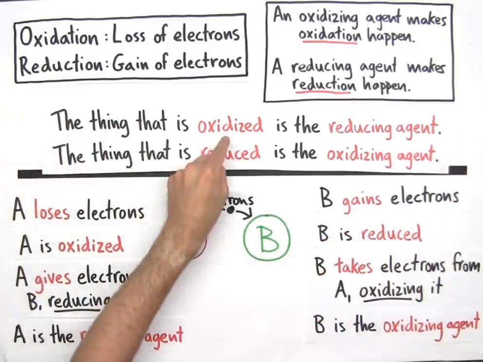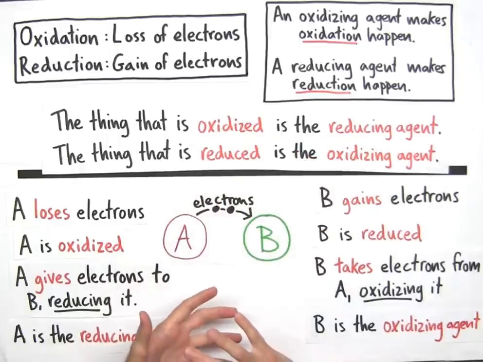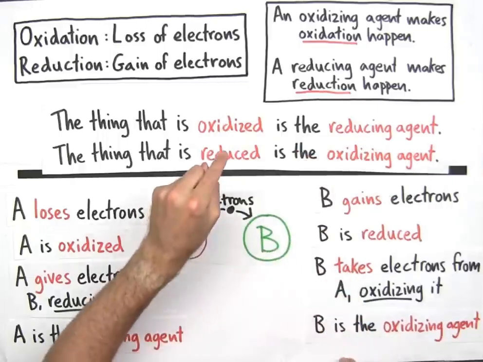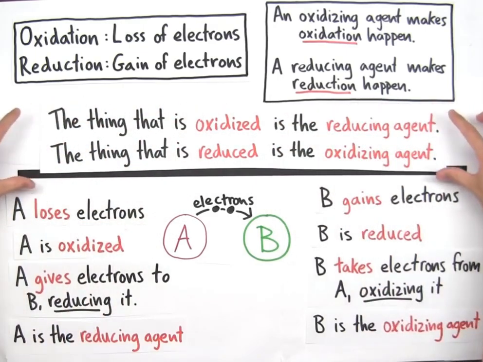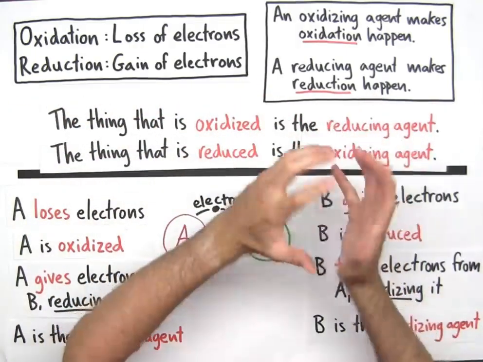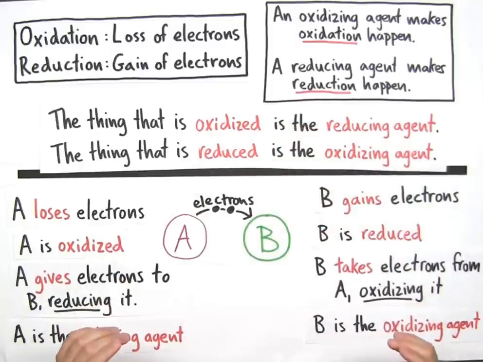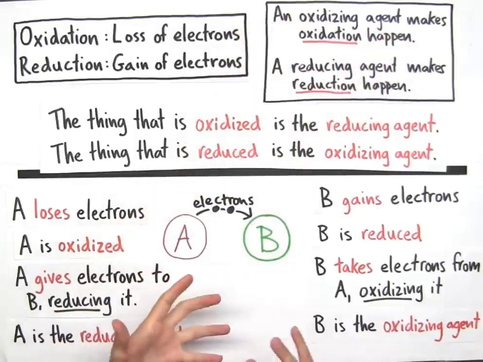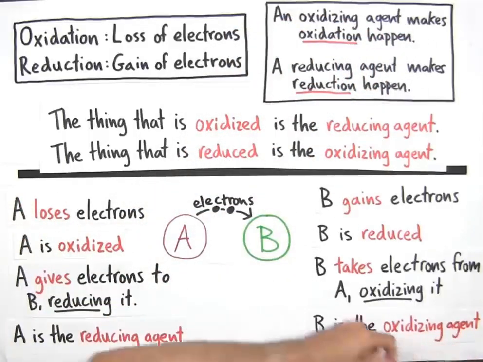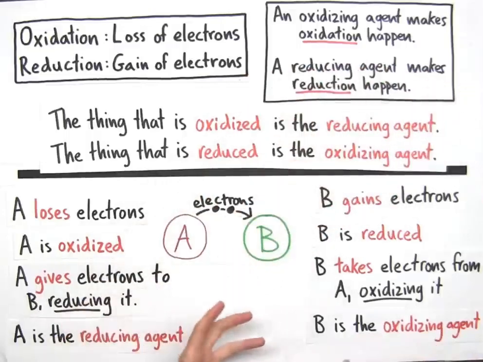The thing that's oxidized is the reducing agent. The thing that is reduced is the oxidizing agent. So this is one way to remember that we get this kind of flip-flop. But I think a better way to keep it in mind is remembering that the oxidizing agent makes oxidation happen by taking electrons away. The reducing agent makes reduction happen by giving electrons.